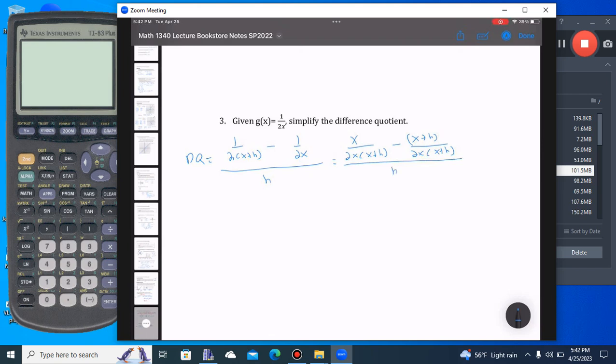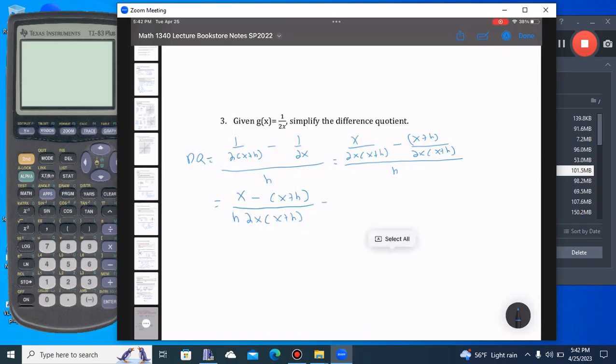And then we can write this under one denominator. So we have x minus x plus h over 2x times x plus h, and the h goes to the denominator as well.